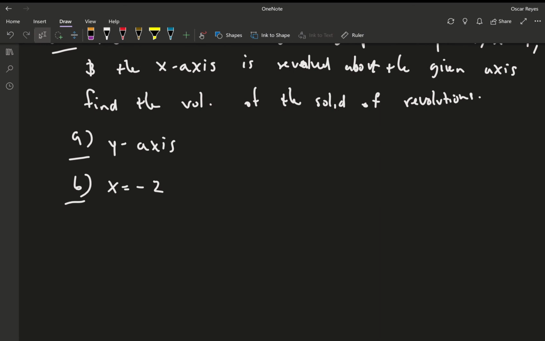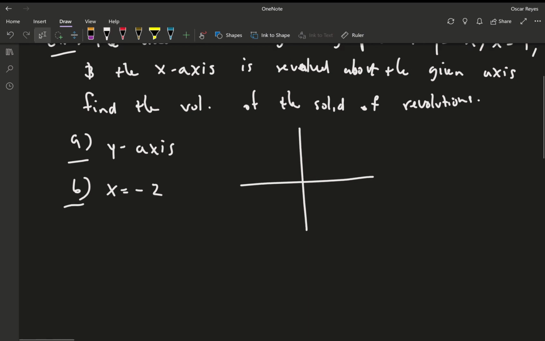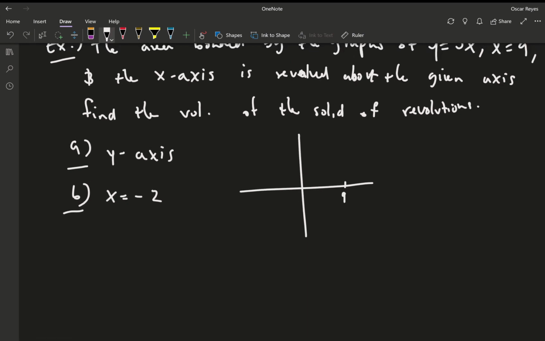So to start this, we're going to start with A. Now if we go ahead and draw this out for part A, we know what x equals 9 is, which is just, let's just say this is 9. Here's going to be a line, right? And we know what y equals 3x looks like. Intercept of 0, 1, 2, 3, slope of 3, and our line is going to look something like this. And we know what the x-axis is, which is just y equals 0, which is this.